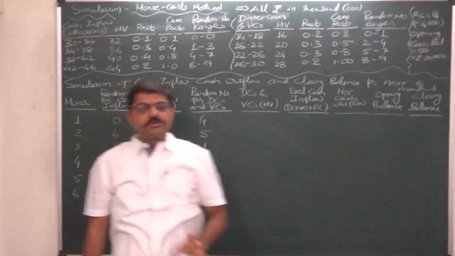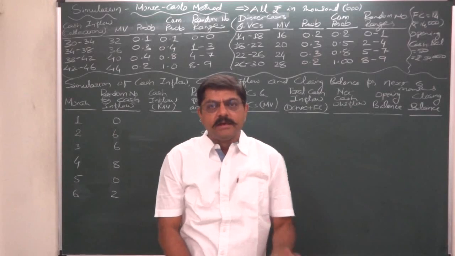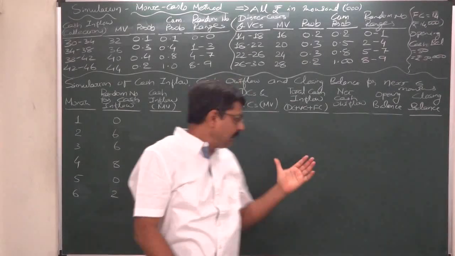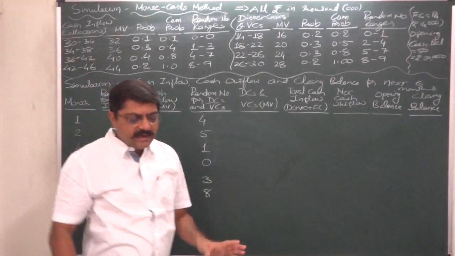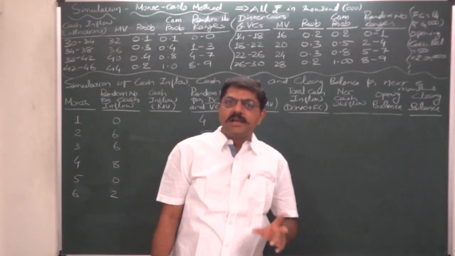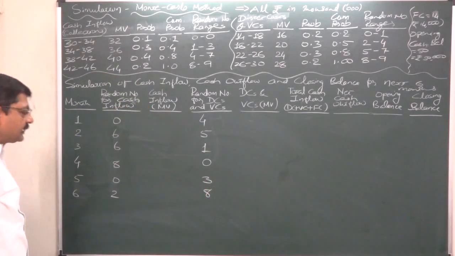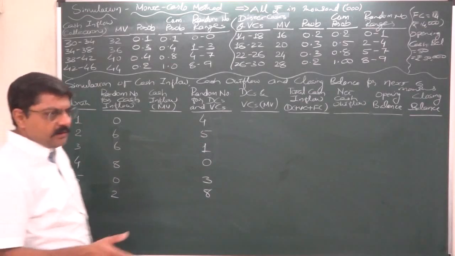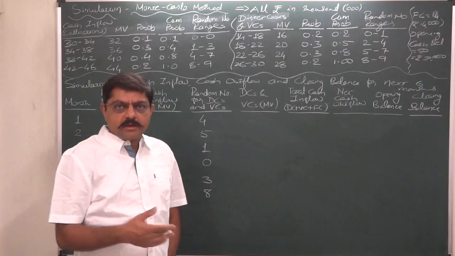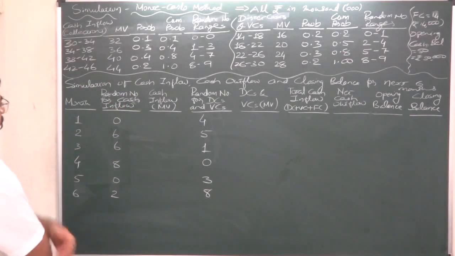Mostly in simulation problems, random numbers are given in 2 digits. But I had decided that I shall cover at least one case with single digit random numbers. That's why I am covering this one. And the small cash budget is also covered, a projected or simulated cash budget. That is also a somewhat interesting point.